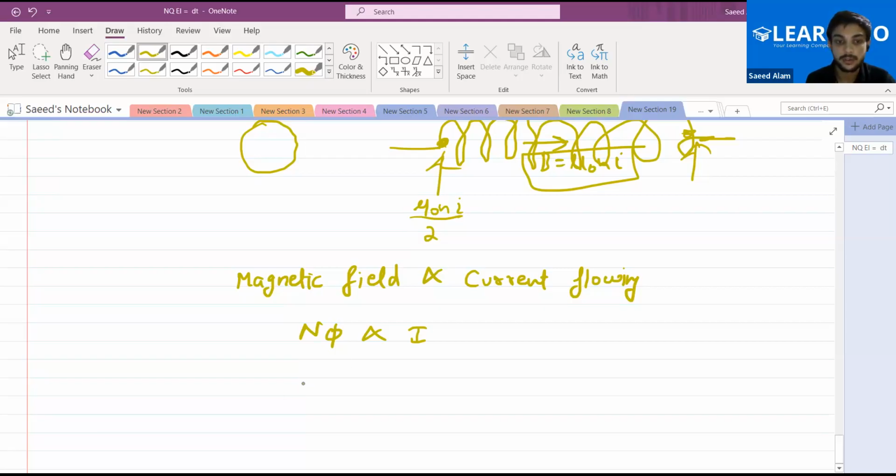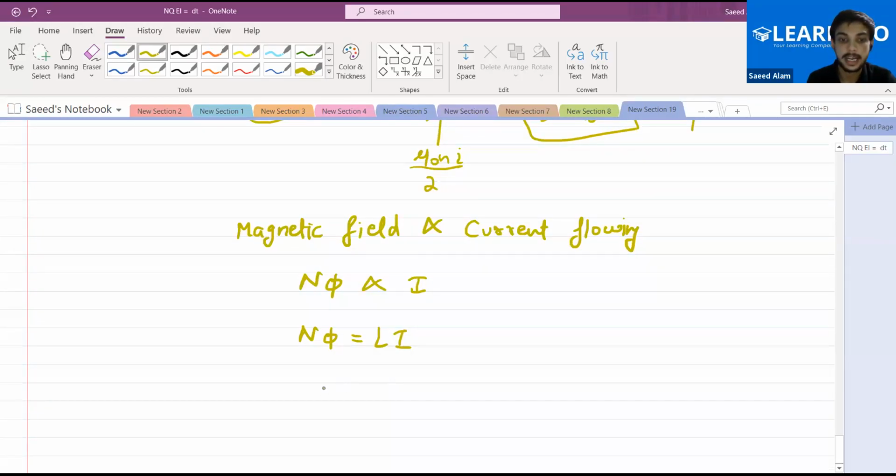So that becomes N phi equals L into I. Understood? And this L will become N phi by I. Is this clear to both of you?